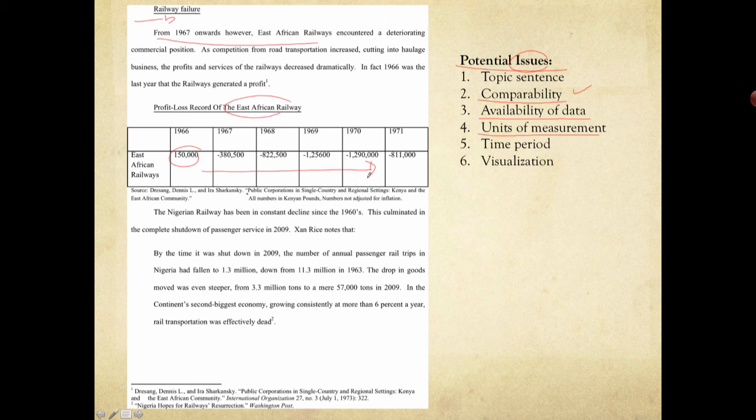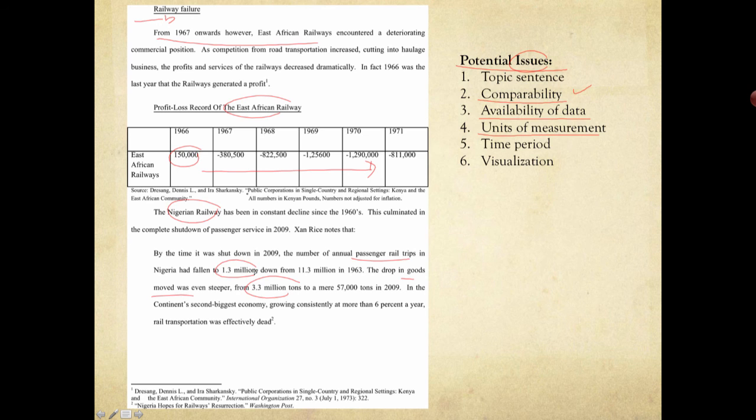It is across time, and it refers to the profitability. For the Nigerian railroad, on the other hand, what we have here is passenger rail trips and goods moved. So it still is interval level data, but it measures a different dimension of the railroad's activity. So in that sense, the units of measurement are slightly different.